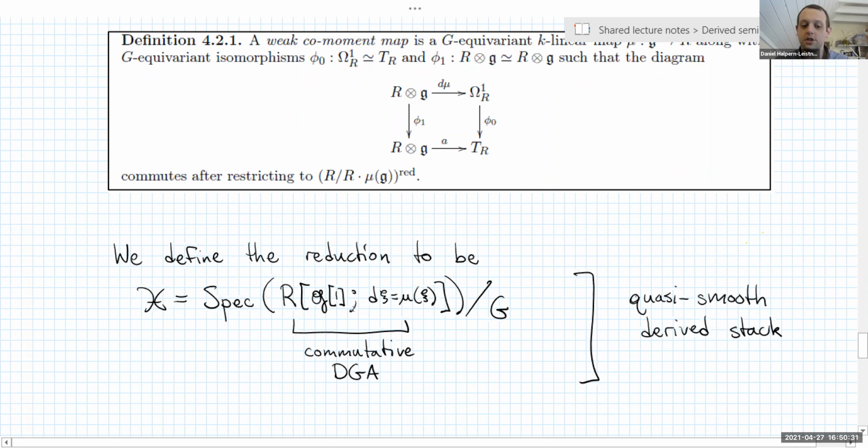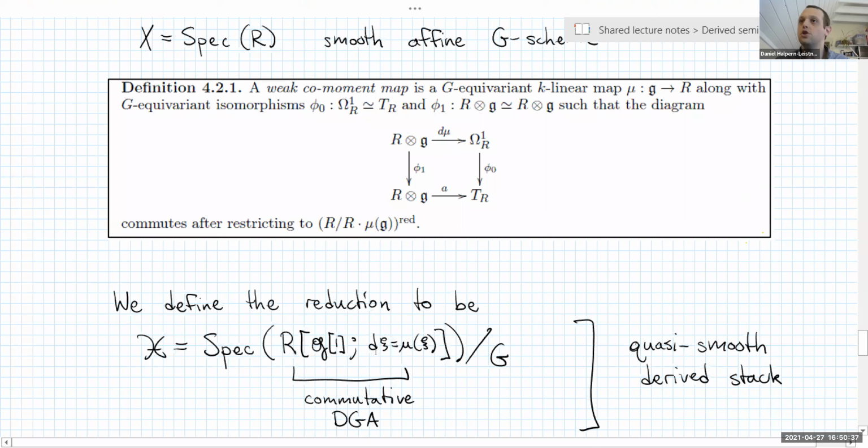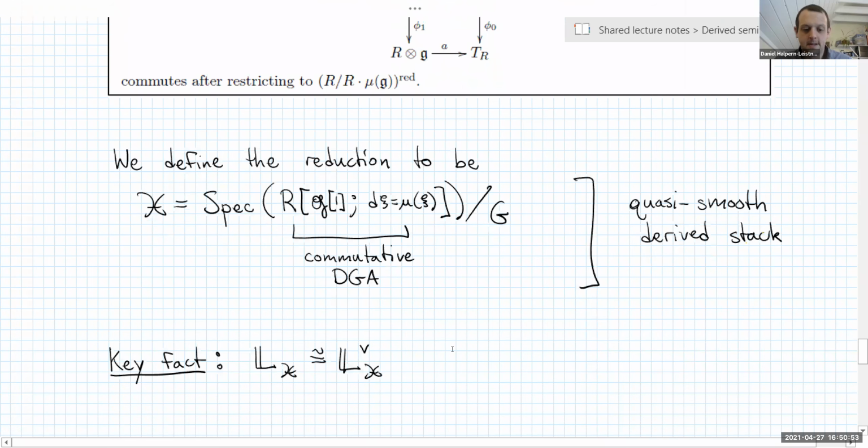It's the structure sheaf R mod R dot mu of g. So if this has no homology, then it's a resolution of its H naught, which is just this right here, and so in that case it's just equivalent to the H naught. You have some singular complete intersection, and then there's nothing derived going on.